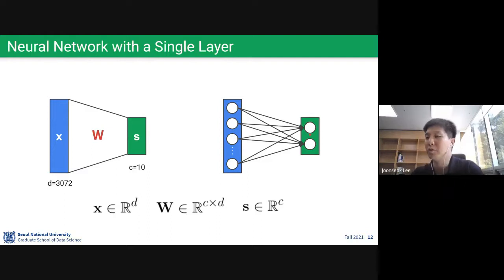We have this output, and we have 10 of them corresponding to 10 different classes, which is the same as what we learned in the linear classifier lecture. So this is a neural network with a single layer. We learned about the perceptron, and we basically have 10 independent perceptrons to output 10 class scores.